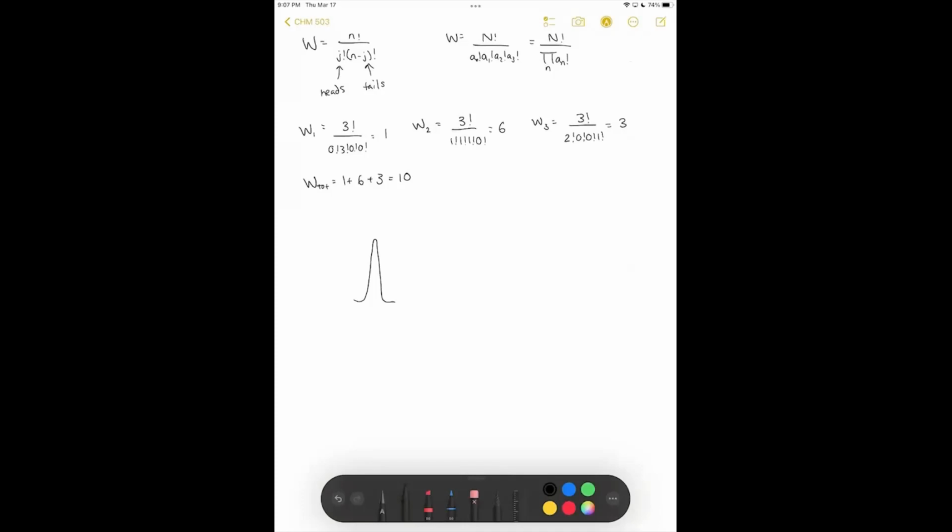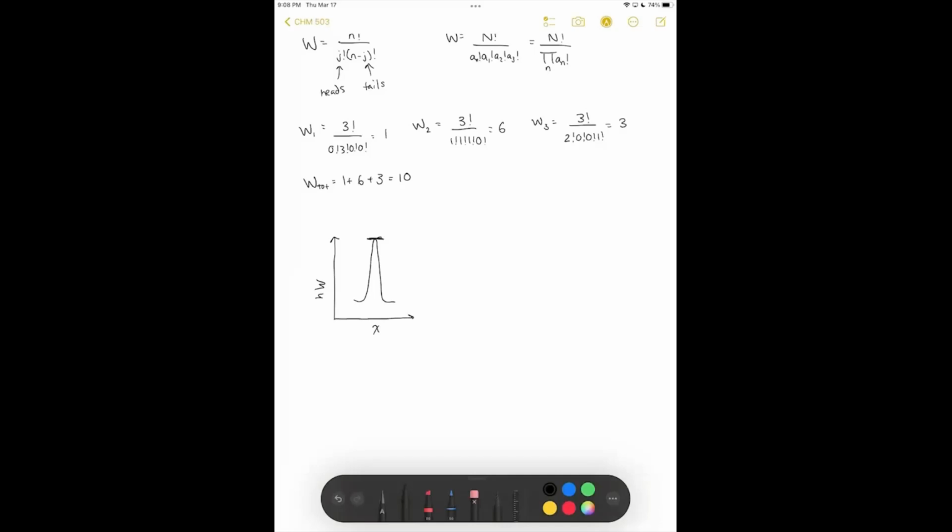Now, for the purposes of our examples, we're more likely to be considering the natural log of the weight, because the weight is probably going to be a very large number for any substantially sized system. And what we have on the x-axis here is some configurational index, and we'll define that a little bit later on. So with this setup in mind, the Boltzmann distribution, the dominant distribution, corresponds to this maximum here.